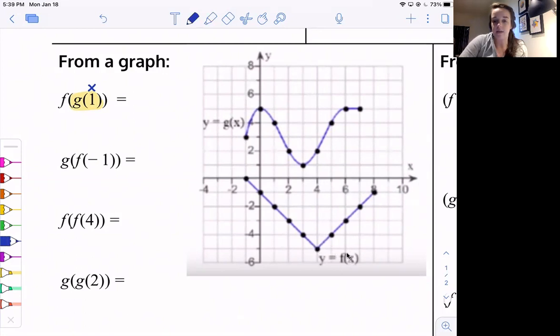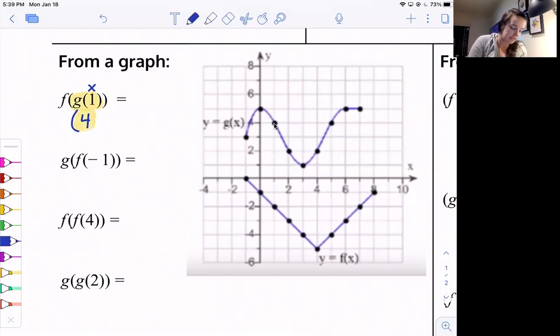I know that's them because they're labeled like so. So g of x is up here. They're telling me that the x value is 1. So I'm going to go to where x equals 1, and I'm going to go find the g function. The g function, of course, is right here. The height of the g function at x equals 1 is positive 4. So I would say that g of 1 is positive 4.